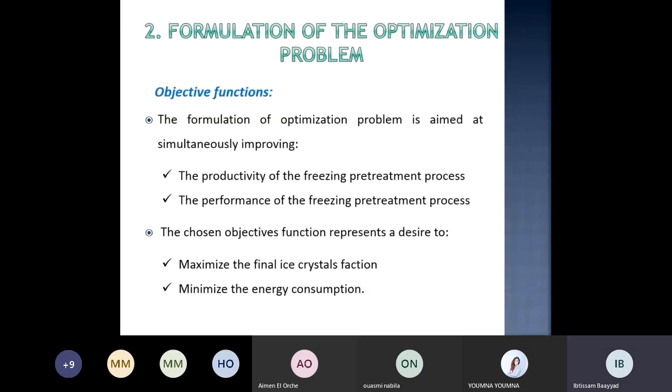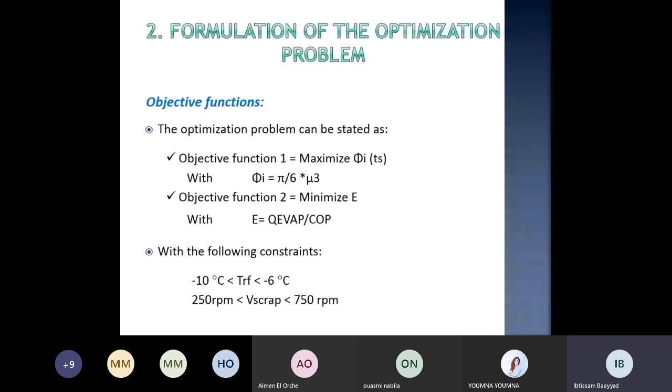The formulation of the optimization problem is aimed at simultaneously improving the productivity and the performance of the freezing pretreatment process. The optimization problem can be stated as follows: the first objective function is to maximize the ice volume fraction, and the second objective function is to minimize the energy consumption.